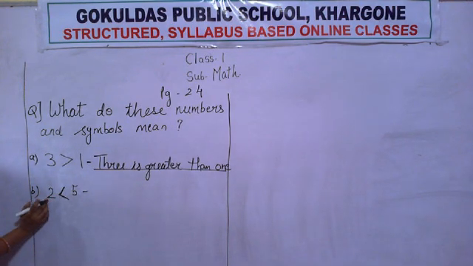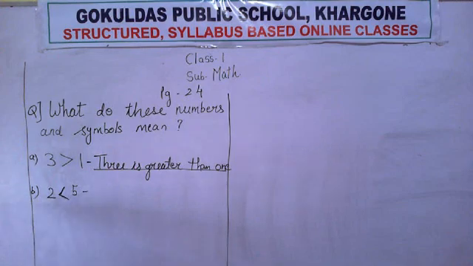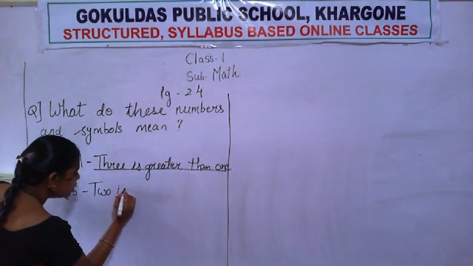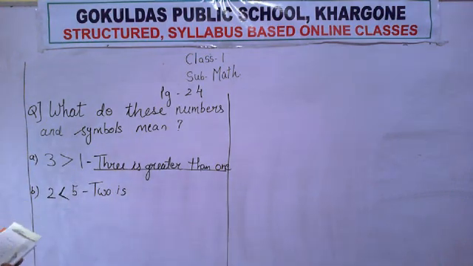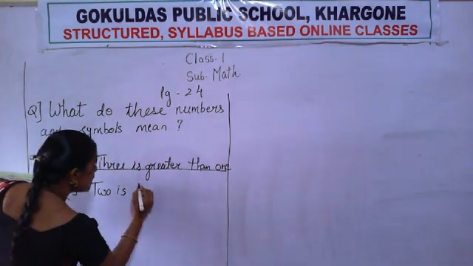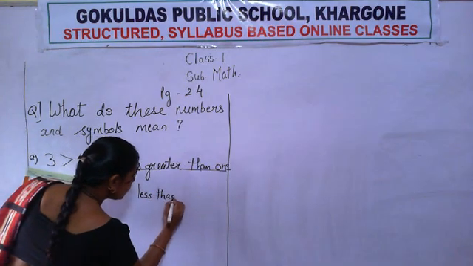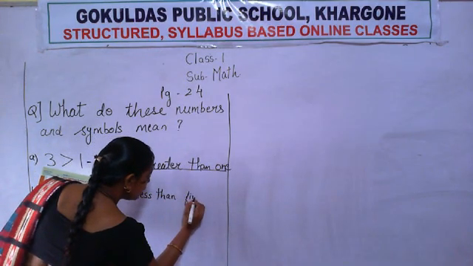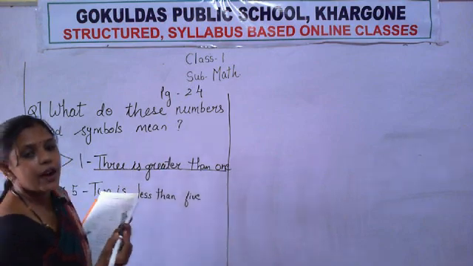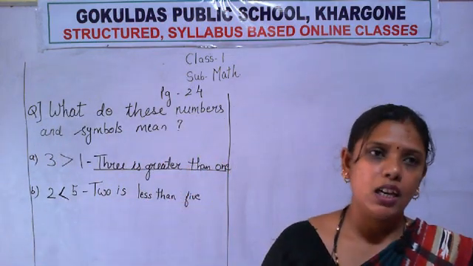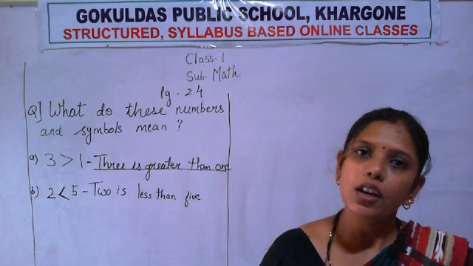So 2 is less than 5. 2 is already written here. What you have to write is less than 5. You have to identify whether the number given is less than, greater than, or equal.